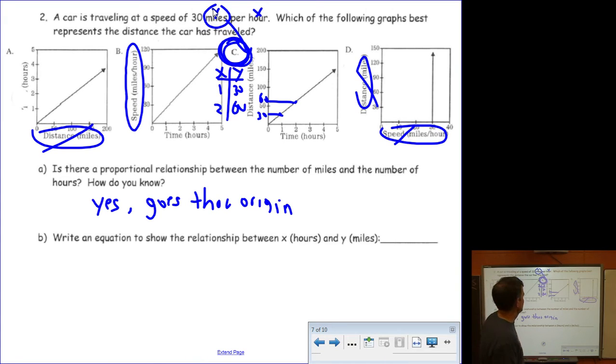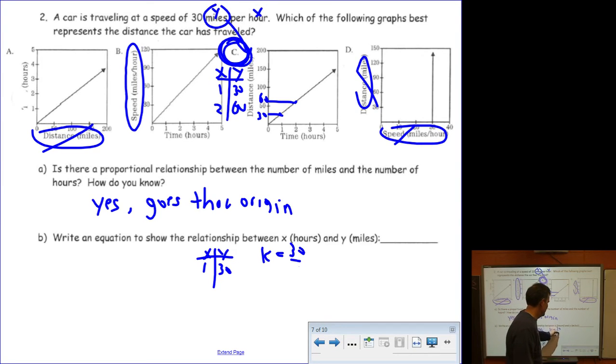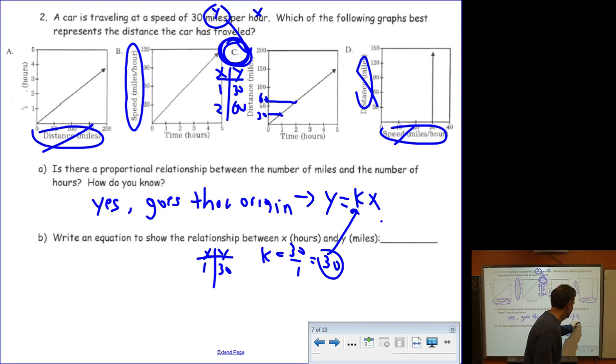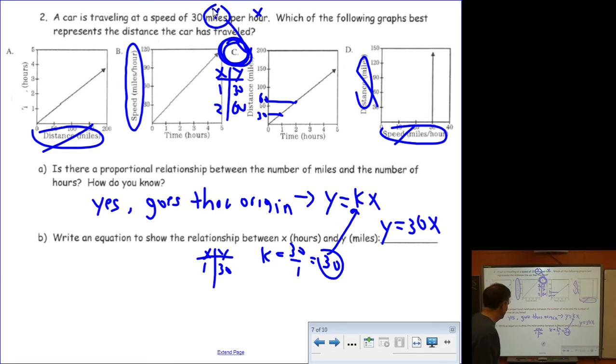Well, the fact that 30 is on there tells me that my K value is 30 over 1, or just 30. And I always write an equation as y equals K times x when it's proportional. So all I've got to do is take the 30 and put it in for K, and I'd have y equals 30x. And I'm ready to go.